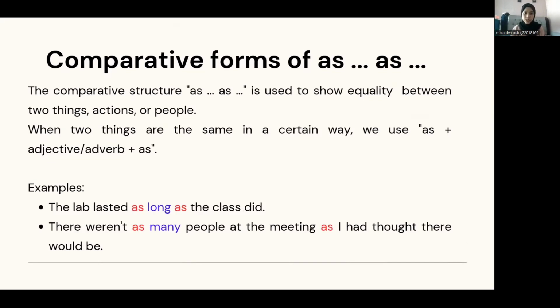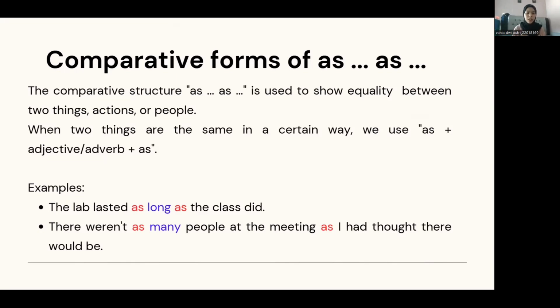comparative form with as. This compares equality between two things, actions, or people. When two things are the same in a certain way, we use as plus adjective or adverb and then as. Let's look at the examples. The lab lasted as long as the class did.